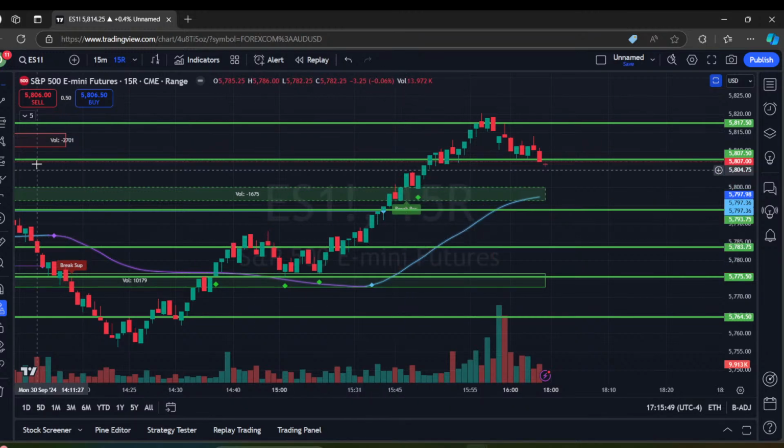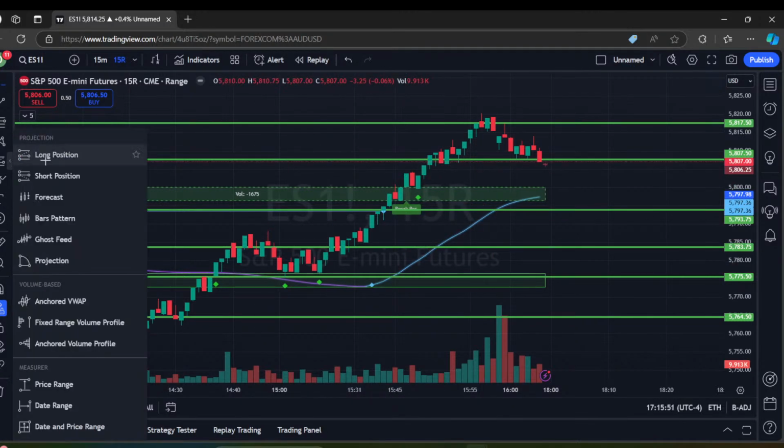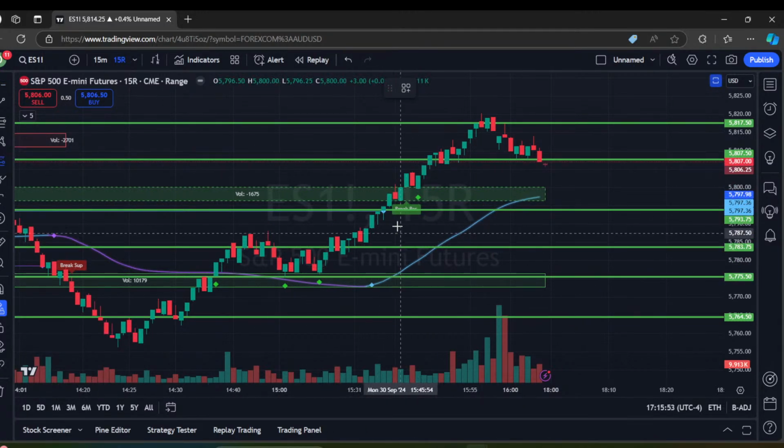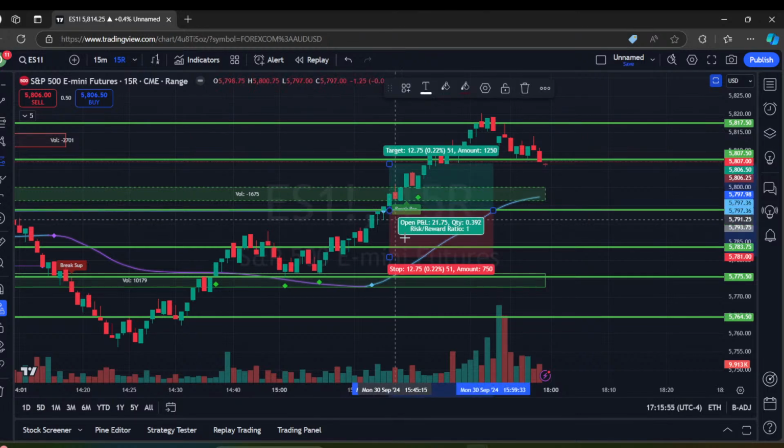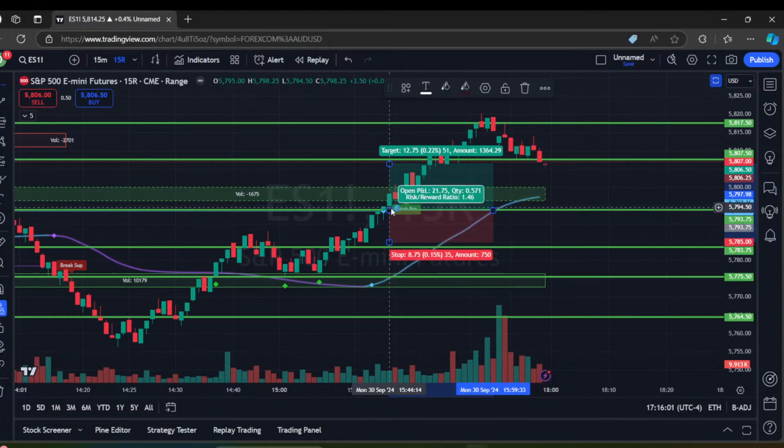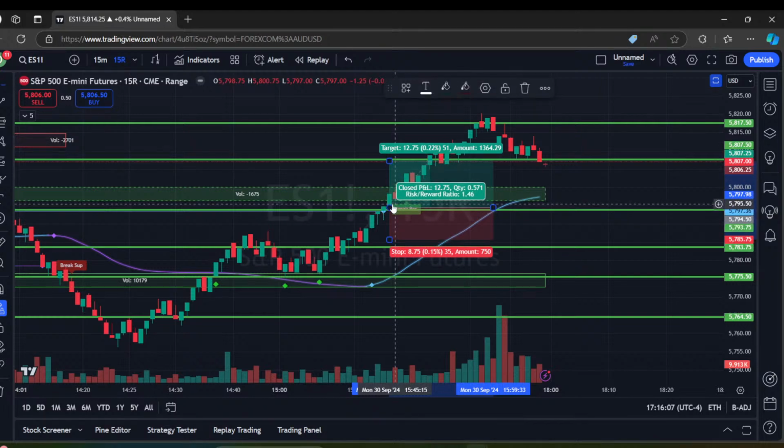The second entrance I see, if I would set the software up for longs, would be over here. 57.94.